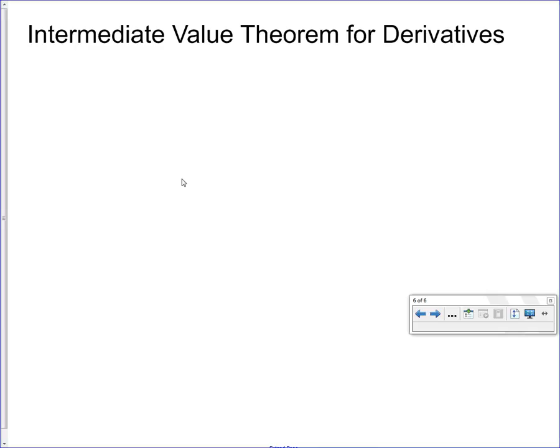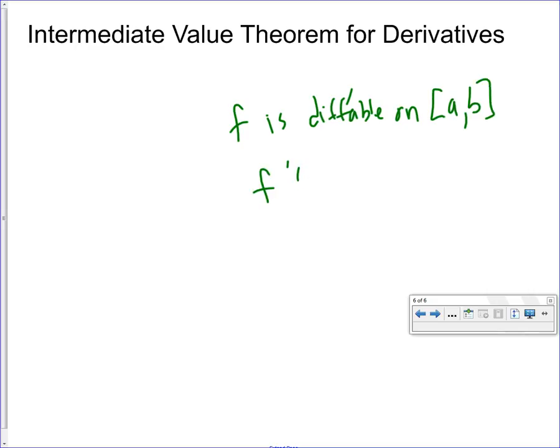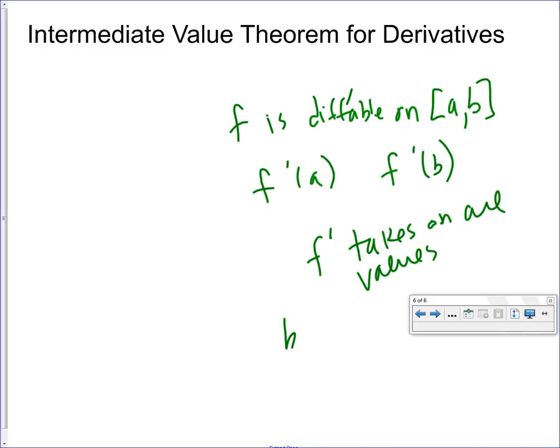So as long as f is differentiable on some domain from A to B, and you have some value, the derivative at A and the derivative at B, then f prime takes on every value between f prime of A and f prime of B.